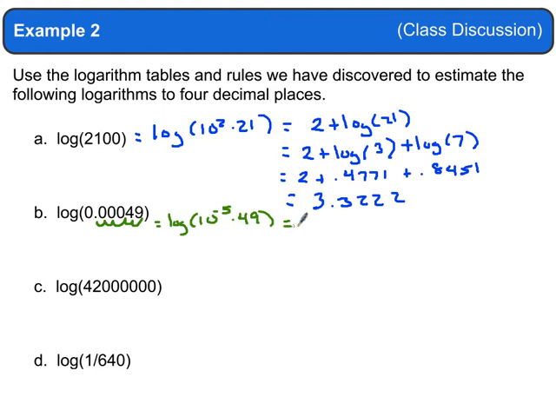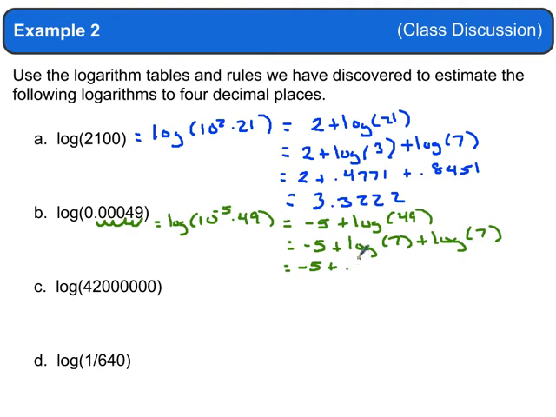So I can rewrite this as -5 plus the log of 49, and then simplify: this is going to be log 7 plus log 7. So I get -5 plus 0.8451 plus another 0.8451, and I find out that my result is going to be -3.3098.